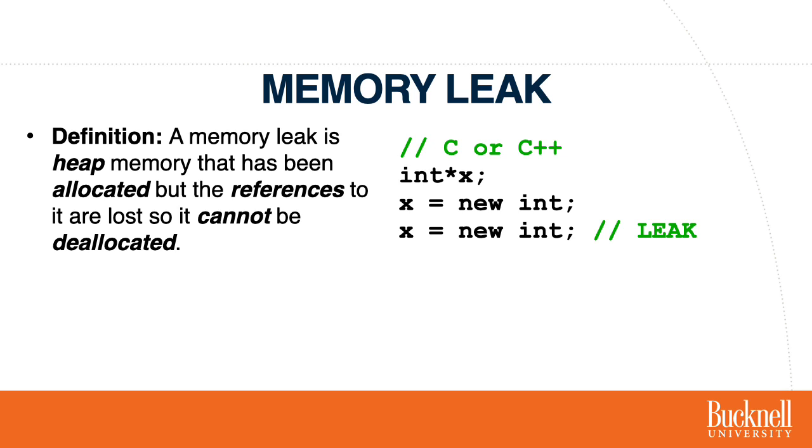Well, the old space allocated for it still exists on the heap. And now, because we don't have a pointer to it, we are unable to delete it. If we then went on to assign x null, we'd now have two spaces on the heap for x that aren't in use and can't be deleted and are just wasting space on the heap.